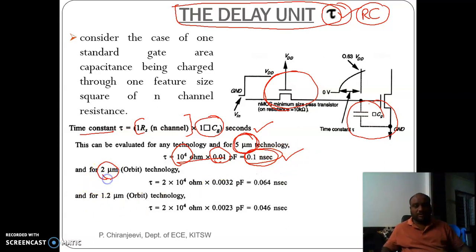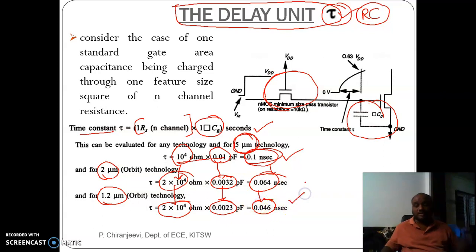The same for 2 micrometer technology, where the sheet resistance is 2 into 10 power 4 and the standard unit of capacitance is 0.0032; in turn, the delay unit is 0.0064. Whereas for 1.2 micrometer technology, the sheet resistance is the same, 2 into 10 power 4, whereas the standard unit of capacitance changes to 0.0023. In turn, the delay unit changes to 0.046 nanoseconds.